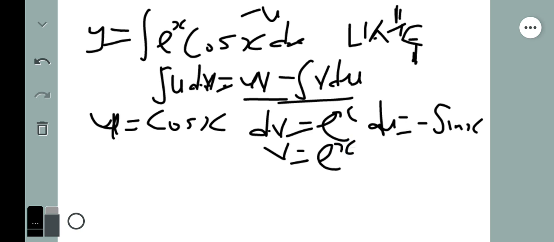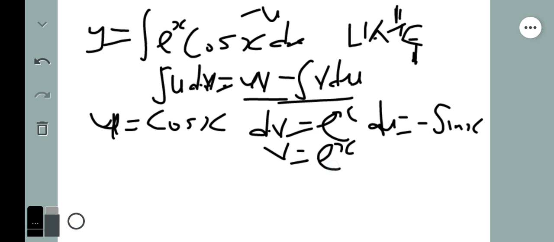If you differentiate u, which is cos x, you have du dx equals minus sin x. And if I integrate dv, exponential x, we still have exponential x. That's how we got those values. From there, we can finish up this problem.